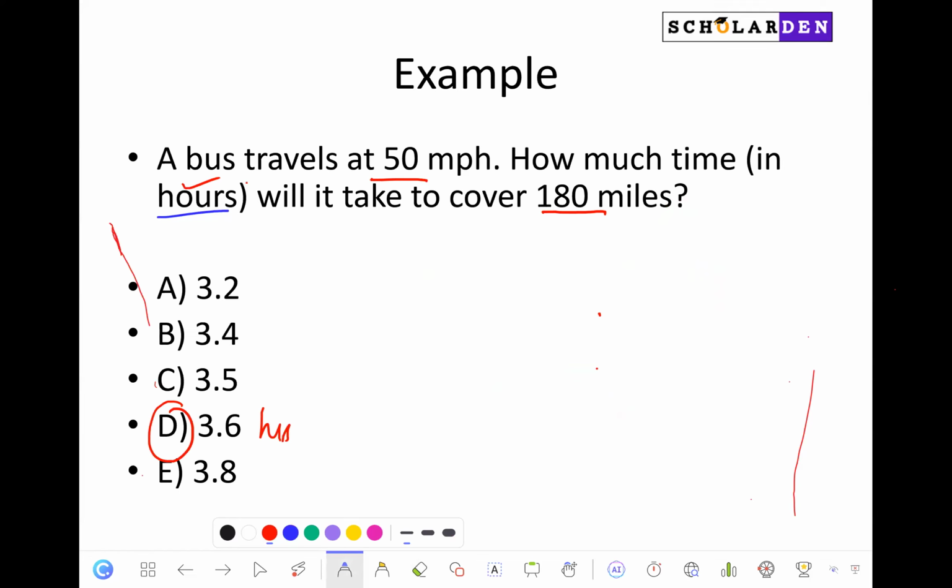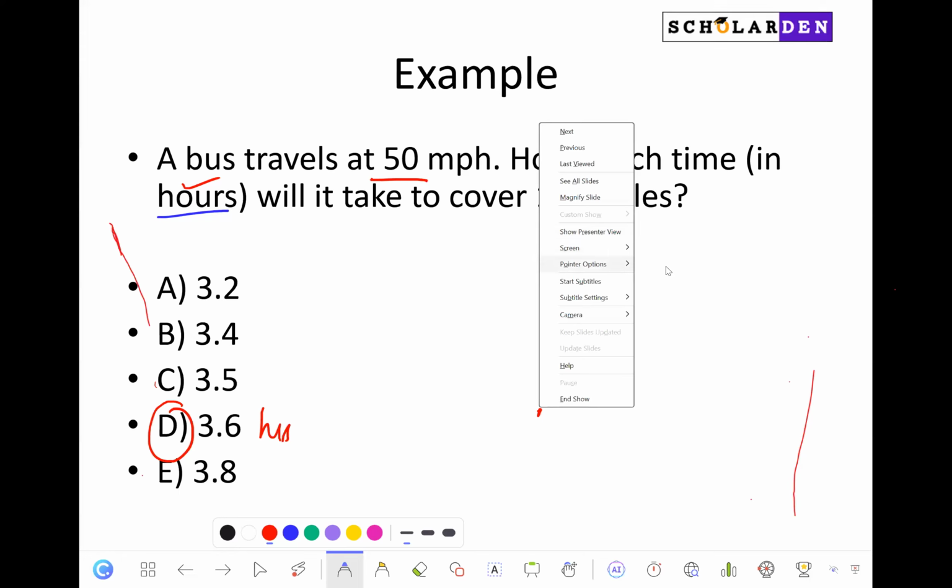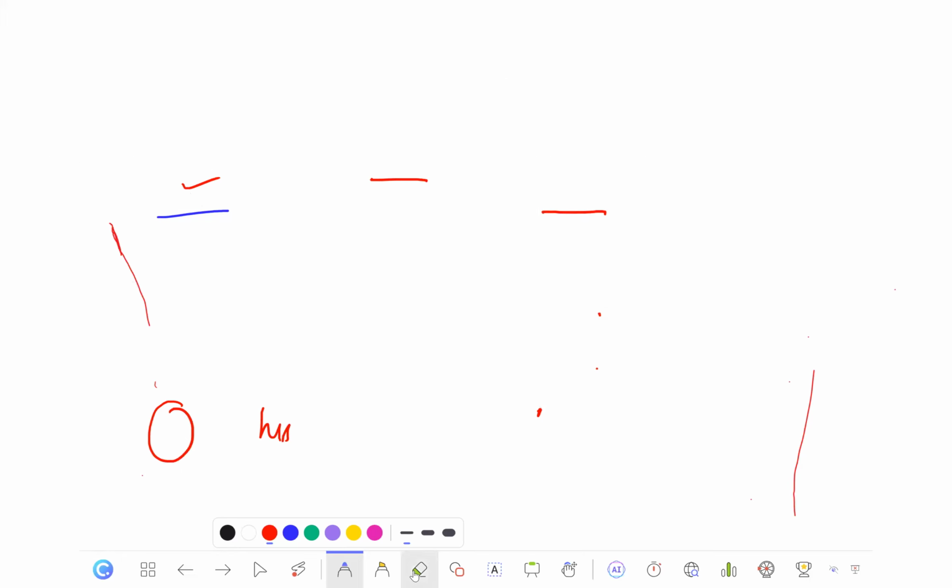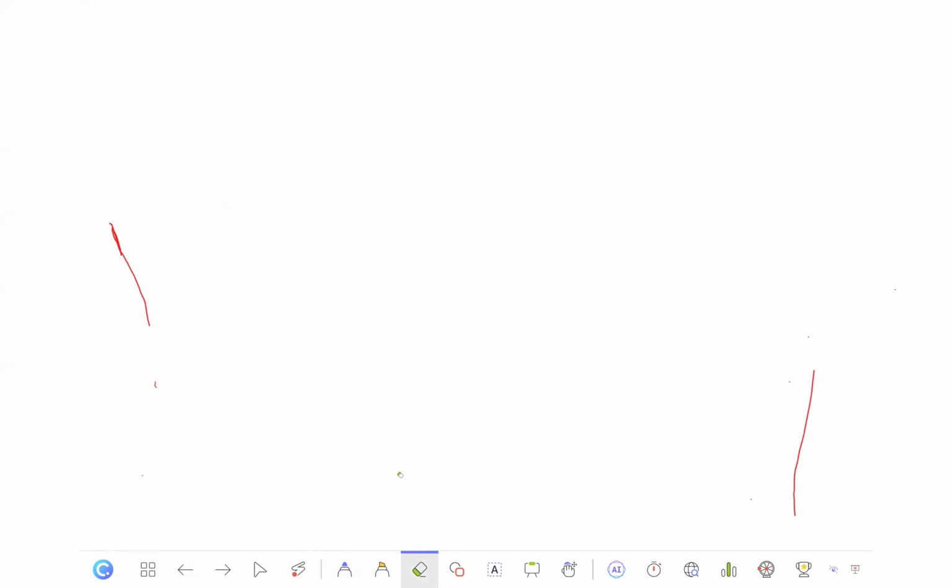Okay, so one more thing that I want to cover before we move on is that it's very important to know whether the conversion is linear or is because of a suffix or prefix.